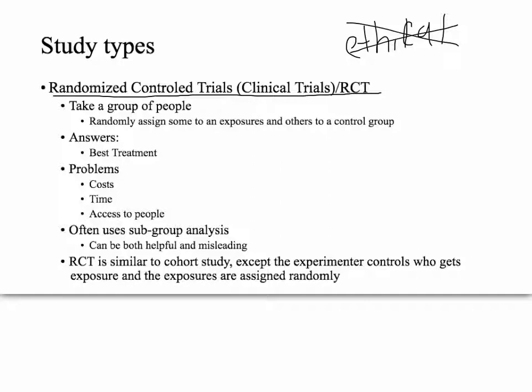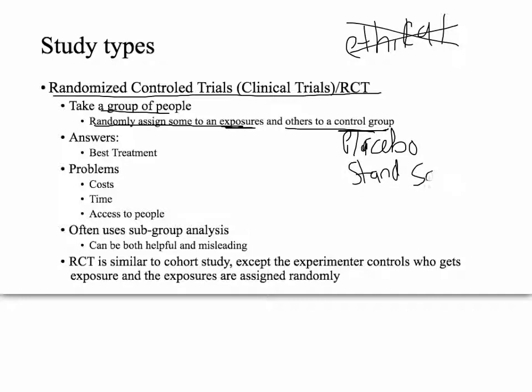So what does it do? You take a group of people, then you randomly assign some to a specific exposure and others to a control group. And so that exposure, usually in clinical-based trials, is a specific kind of medication. And the control group can be one of two things. It can be a placebo, or it can be the standard of care.